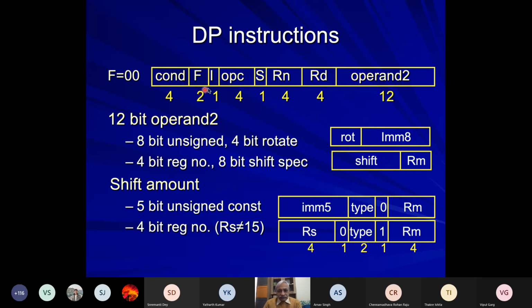So F is 00 for some other groups of instructions also, but primarily F 00 represents DP instructions. Now Rd is the destination register, 4 bits specifying which register is the destination. Rn is the first operand, and operand 2, which is the largest field, is the second operand.